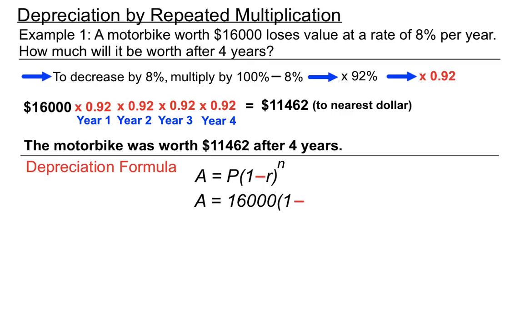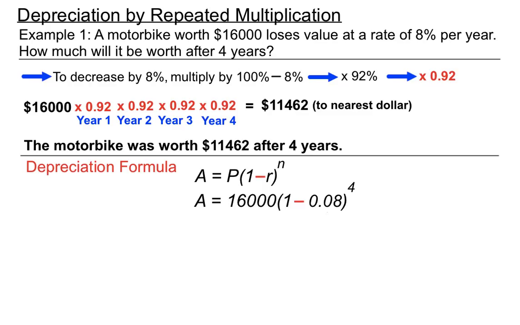Then we want the rate at which it's depreciating, in this case 8%, in decimal form 0.08. And N is the number of periods, which is 4 years. It's depreciating once a year for 4 years.